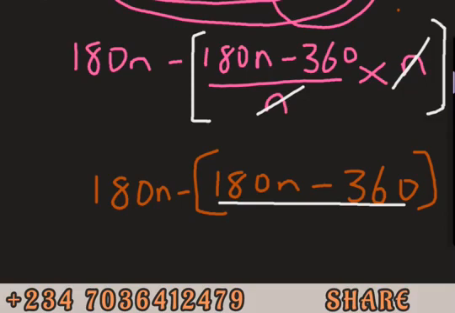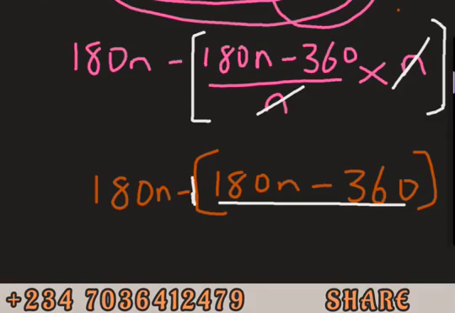But at this point we can't still subtract because there is an unknown attached to one of the numbers. So what do we do? Now we finally open up the bracket. And how do we open up the bracket? We do that by recognizing the fact that there is a 1 here, minus 1. There is a minus 1 standing here. So we can multiply whatever we have in the bracket by that minus 1.